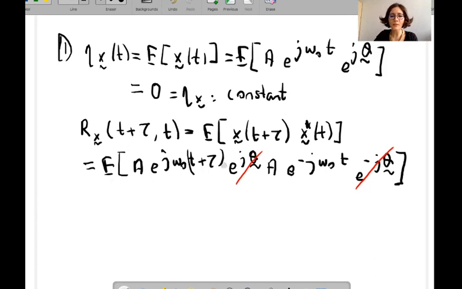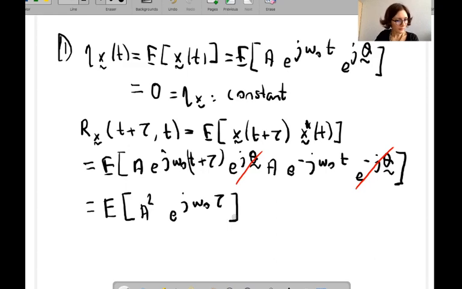So these two terms cancelled. Then the thing that's left to do is to see whether this comes out as a function of tau only. So you have this first term that depends on t, but it will be cancelled with this one. Then you will be left with a squared e to the j omega 0 tau.